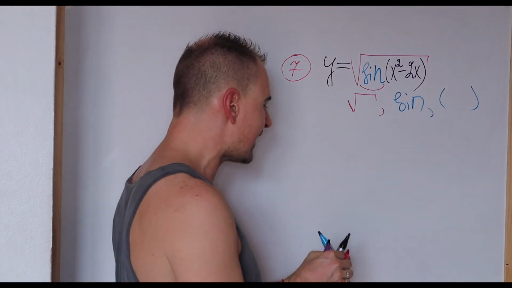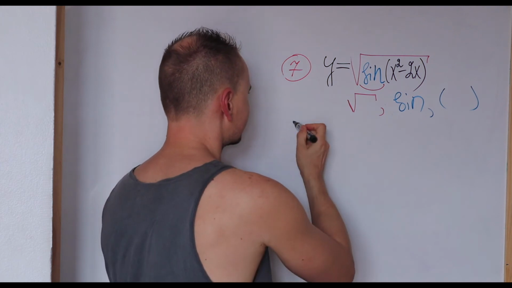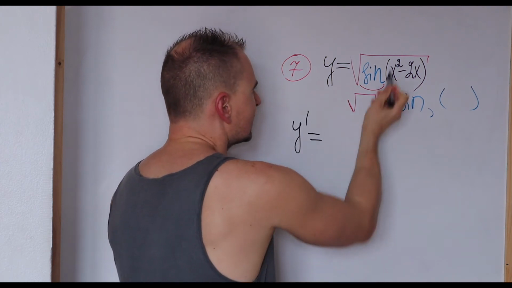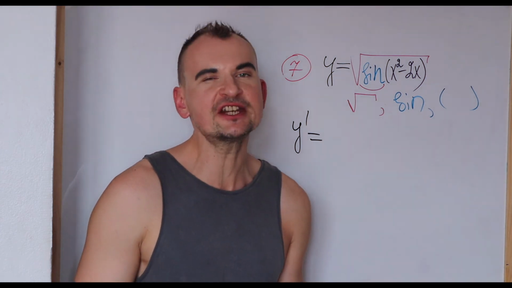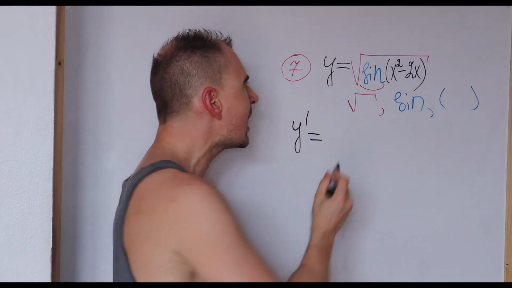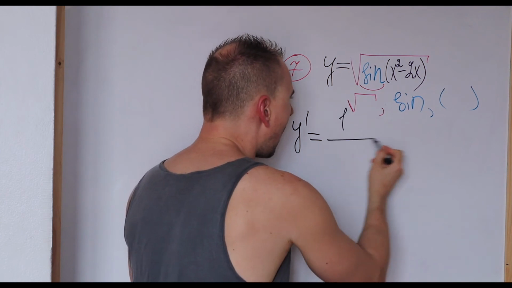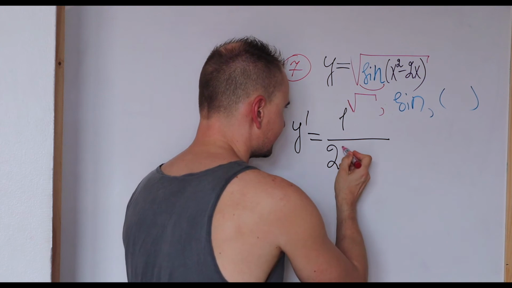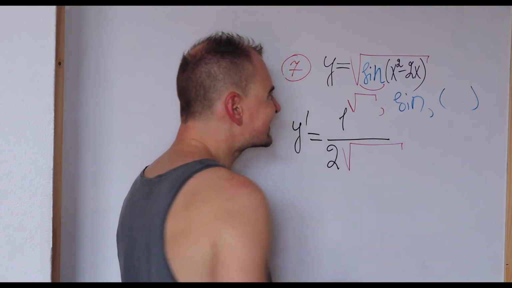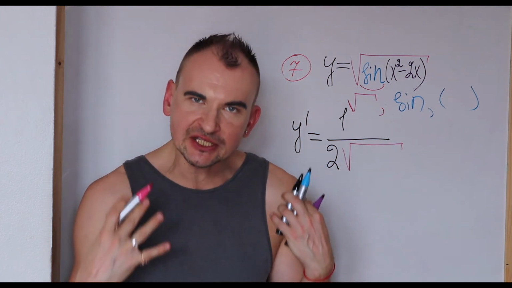So y prime becomes, so again, the derivative of square root. The derivative of square root is going to be 1 over 2 square root of this. That's kind of a separate rule, the way I do remember.